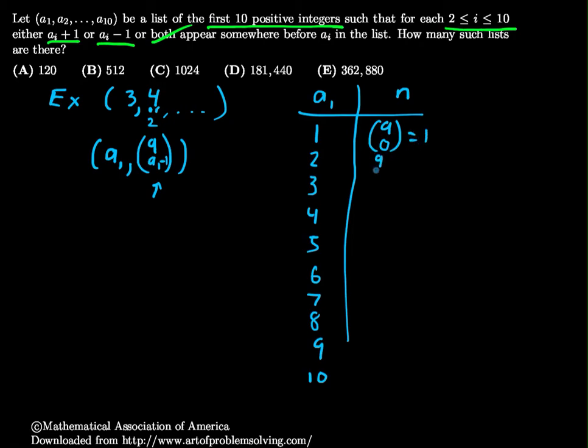There will be 9 choose 1 ways to get a 2 in the front, because I have to have 1 decreasing out of the 9 remaining. That's 9 possibilities. 9 choose 2, that's 9 times 8 divided by 2 gives me 36, I believe. All the way down to 9 choose 9 equals 1. And I'm going to add all these up.